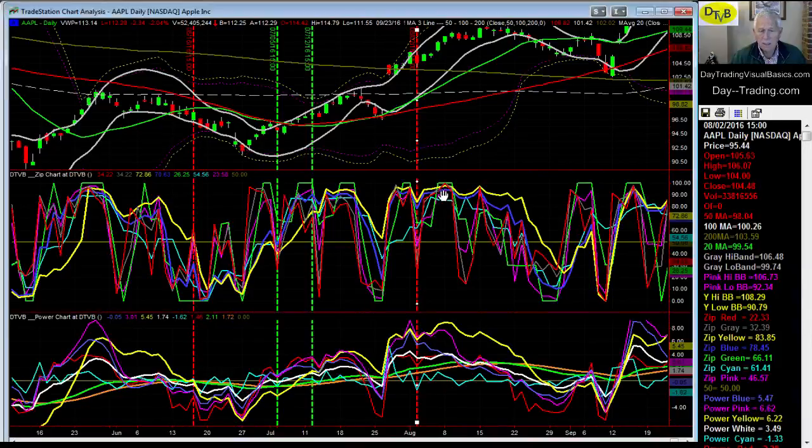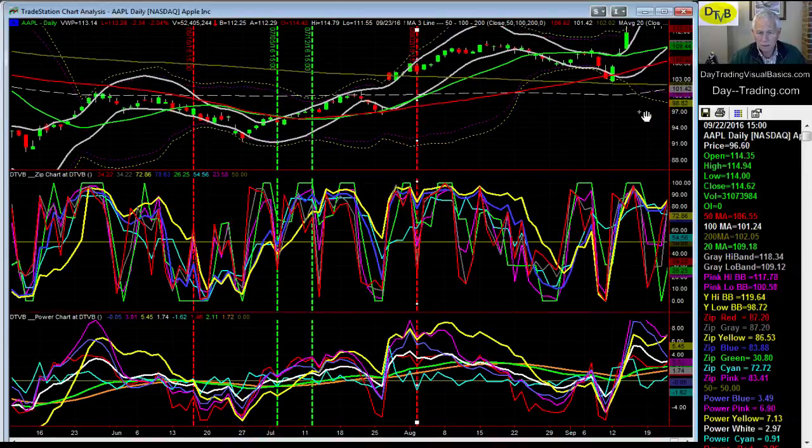The way you watch this is you watch the yellow line, primarily, probably because it's more visible, and that's obvious right in this area right here. Let me bring the candles down a little bit so you can see what I mean.